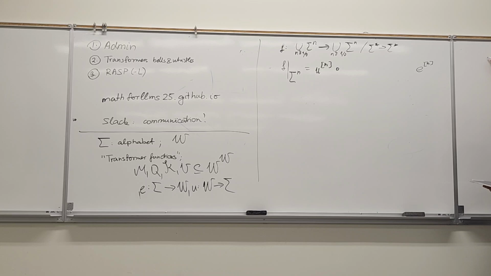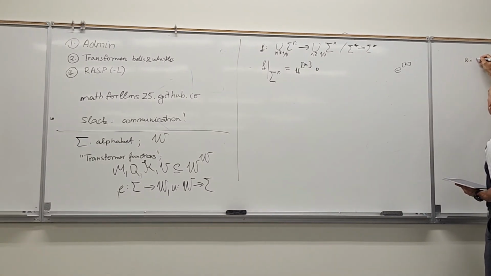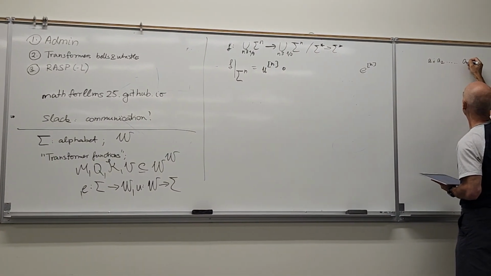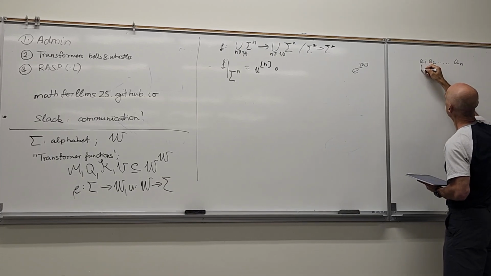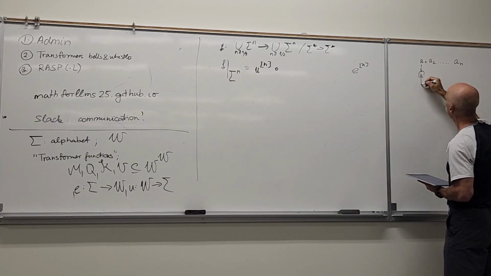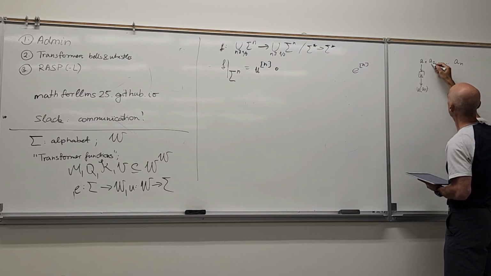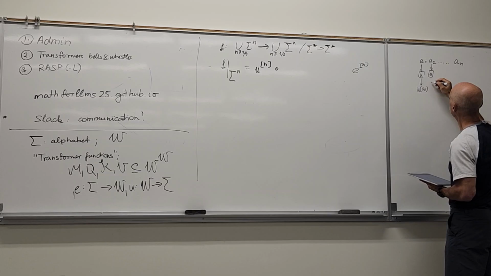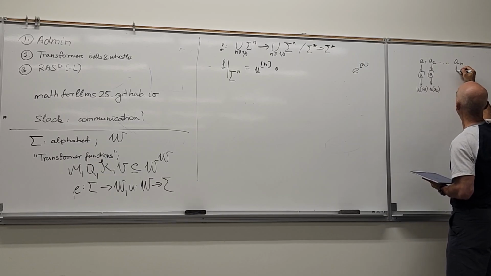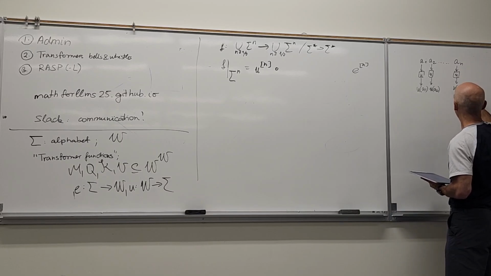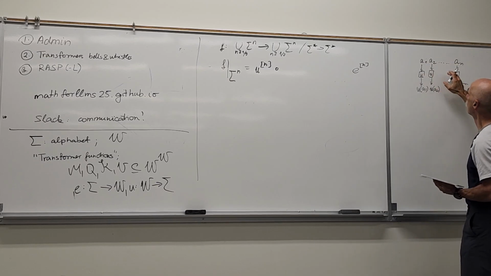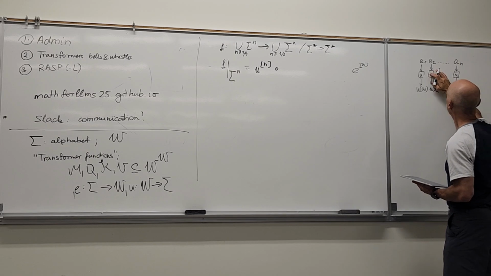So a string comes in with letters A1 through AN, and the function E is applied at every position: E of A1 is the first output, E of A2 is the second position's output, and E of AN is the last.